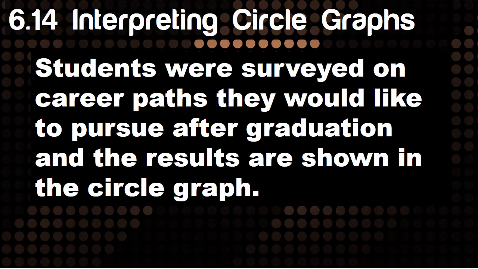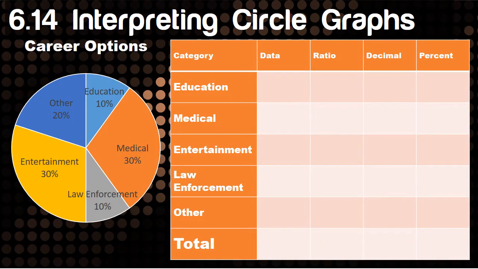So here in our first graph, we're given this circle graph. It says some students were surveyed on career paths they would like to pursue after graduation, and the results are shown in this circle graph.